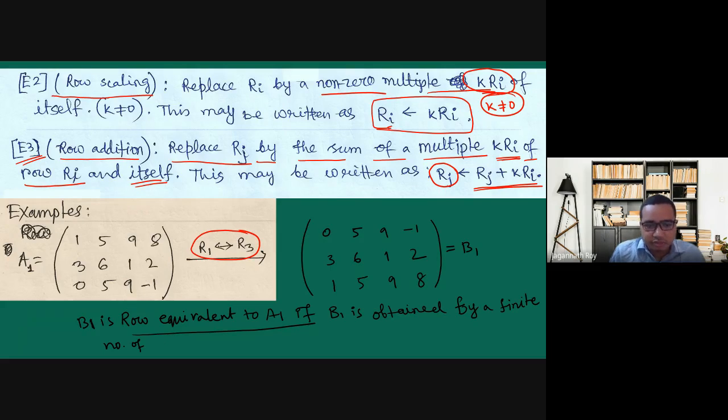There are three elementary row operations, a finite number of elementary row operations.